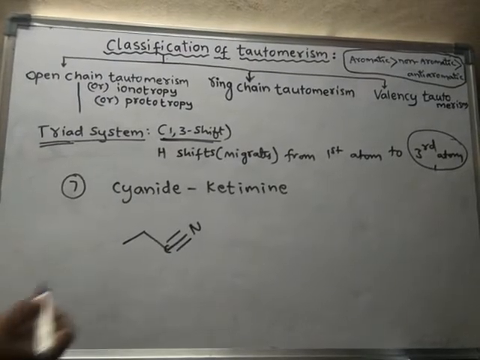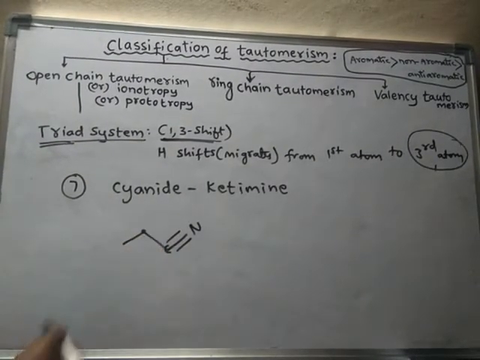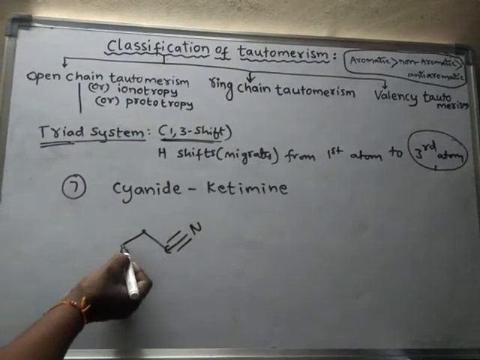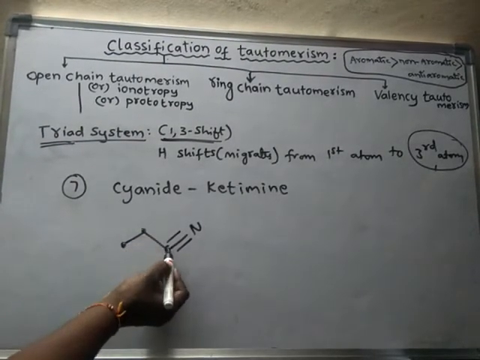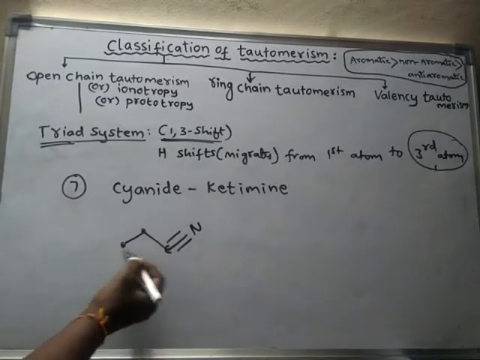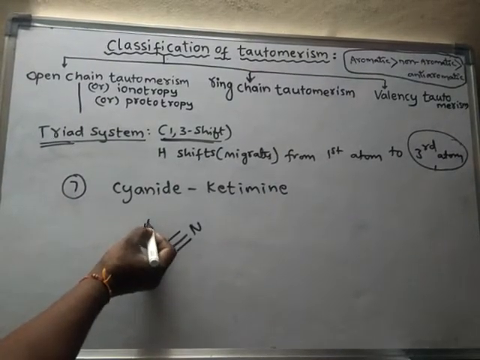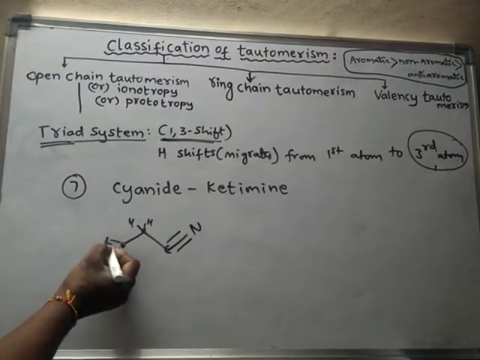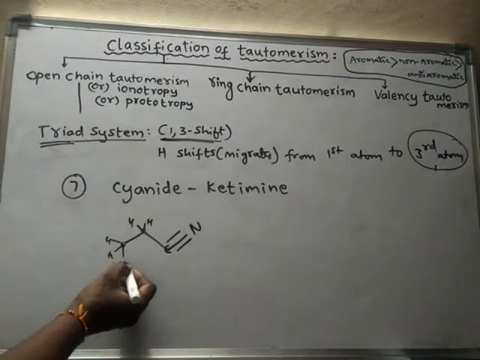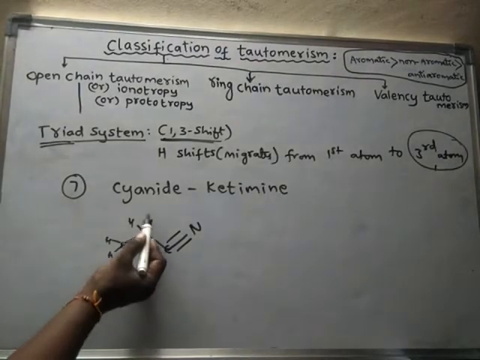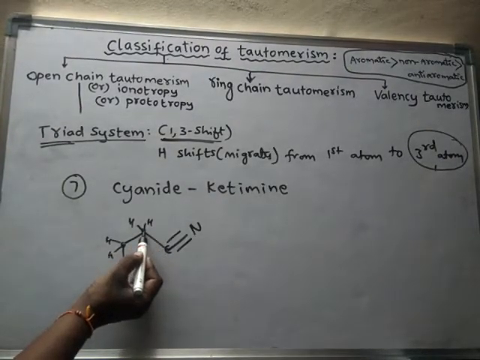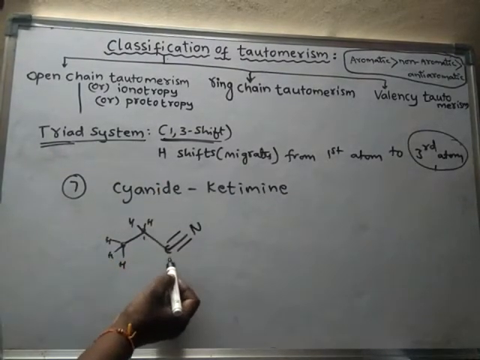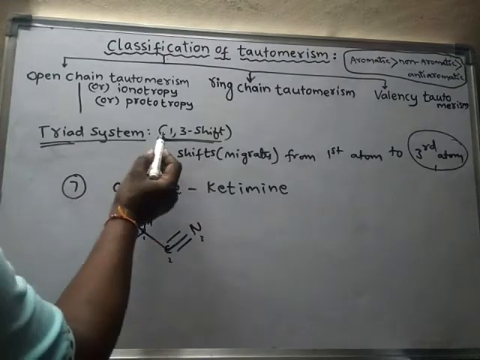What happens? The hydrogen which is present on this carbon. So this is one carbon, this is another carbon, this is a third, this is another carbon. Here on this carbon, how many hydrogens are there? 2 hydrogens are present. Here 3 hydrogens are present. One of the hydrogens on this carbon will migrate to nitrogen. So first atom, second atom, third atom, a 1,3 shift.